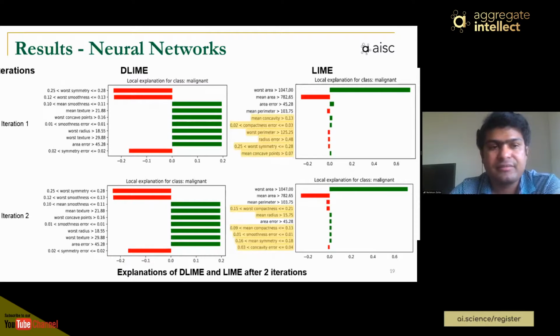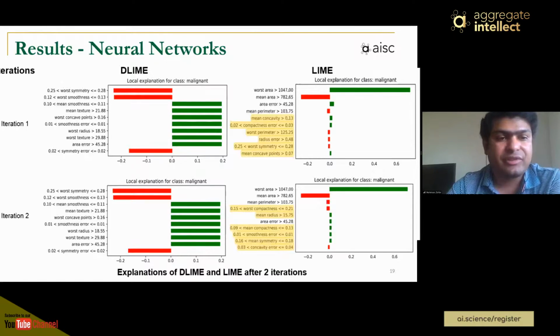For this diagram, we used neural networks as a black box model, and we used DLIME to generate explanations. On the left side, vertical line, we are showing the results of DLIME, and on the right side, we are showing the results of LIME. And on horizontal rows, we are showing iterations. We computed these results on 10 iterations, but in this diagram, I only showed 2 iterations.